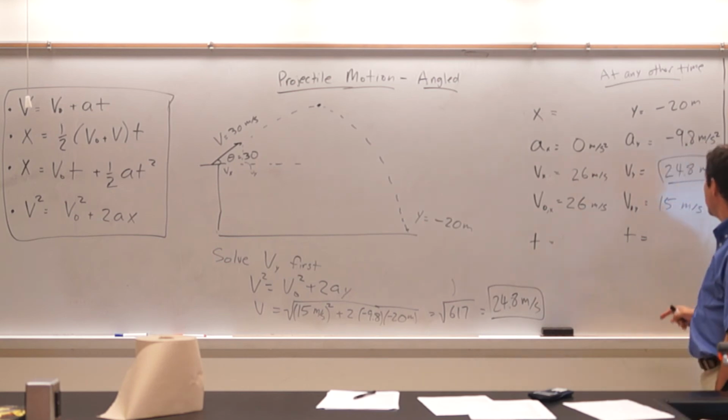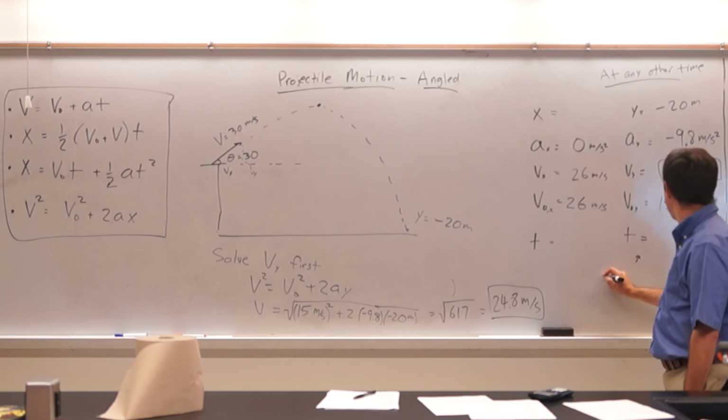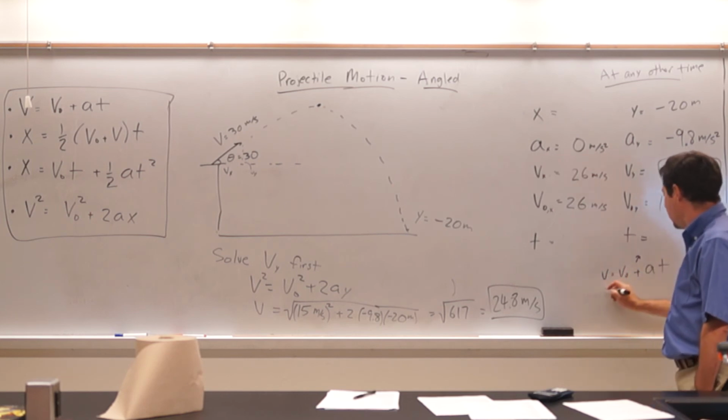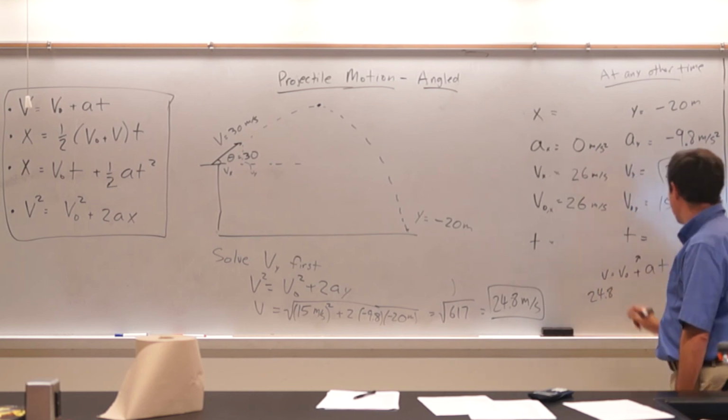You know your velocity. Now, knowing the velocity is really easy to find time. So time might just be, let's see, final velocity, v naught plus at. So you get 24.8.